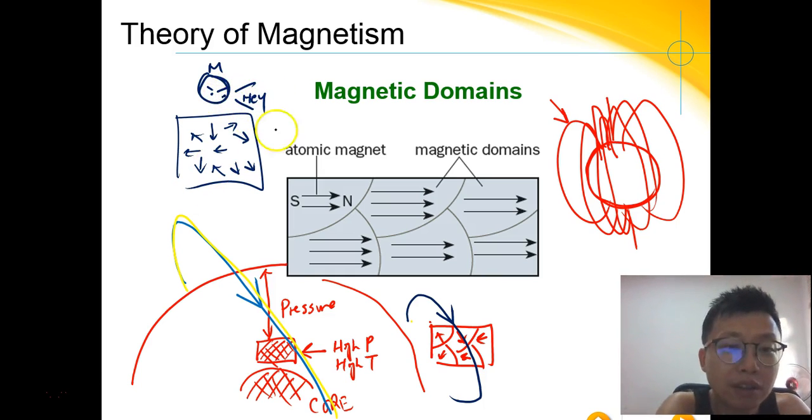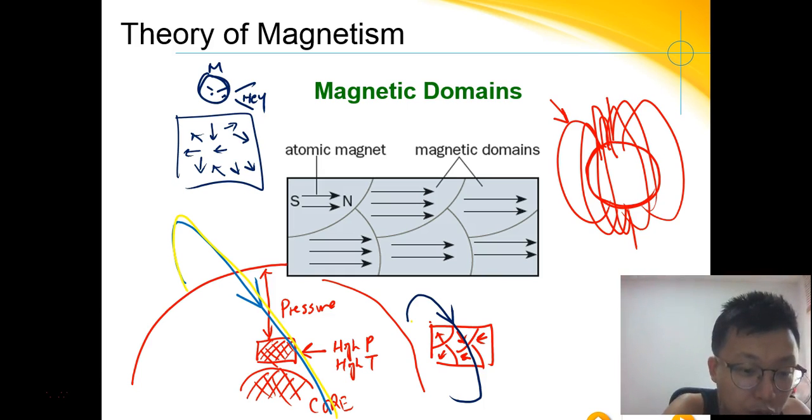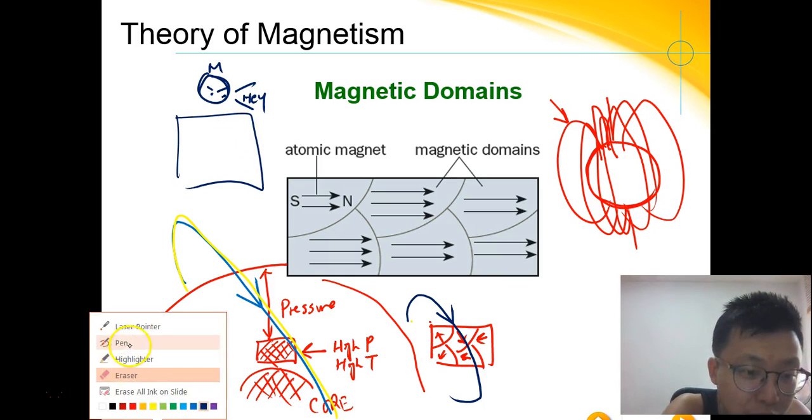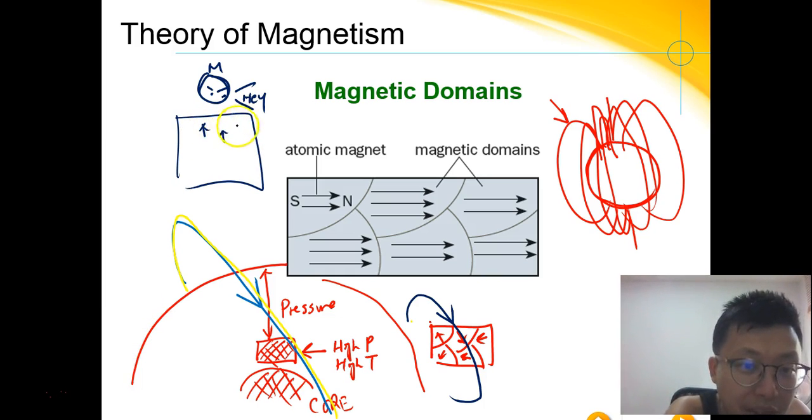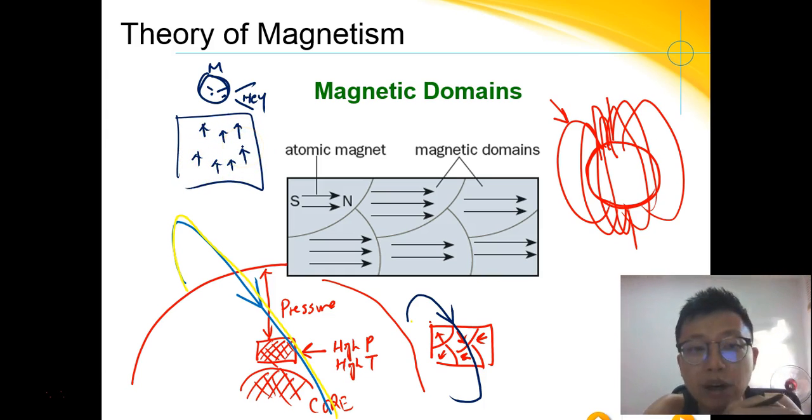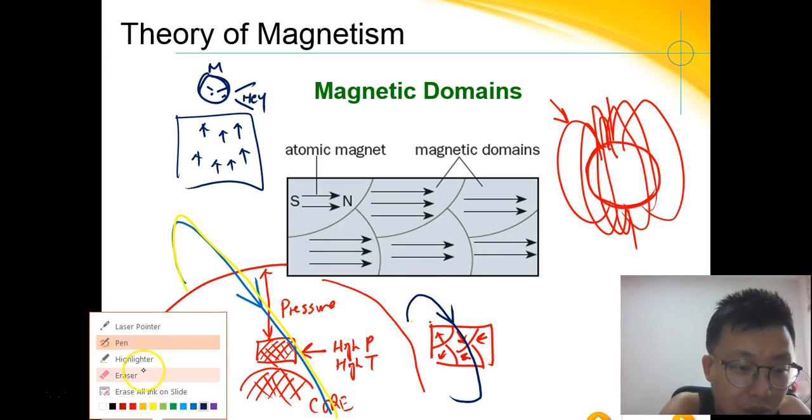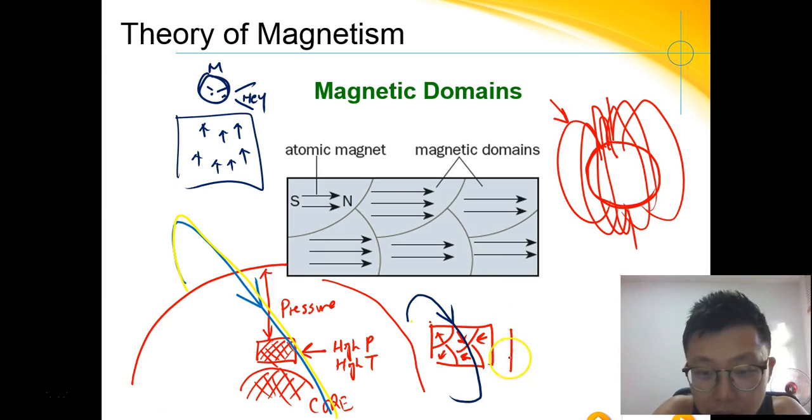So what will happen? Your students will start to slowly but surely, although some of them, like you guys, will not listen, but they will surely eventually turn and face the teacher, right? And then you will have a group of students now facing in a singular direction. So similarly, this external magnetic field will have this effect of slowly turning all these dipoles and aligning them in one single direction.